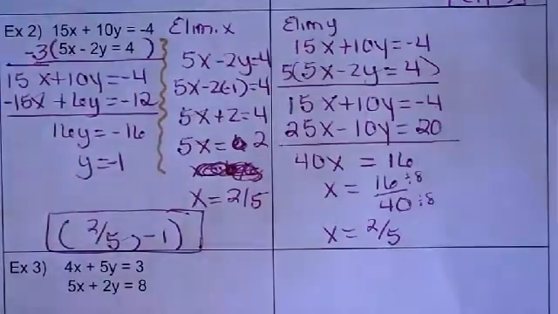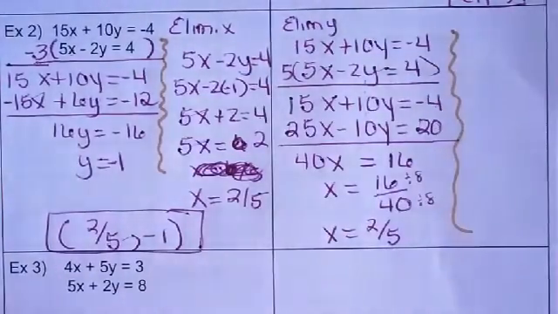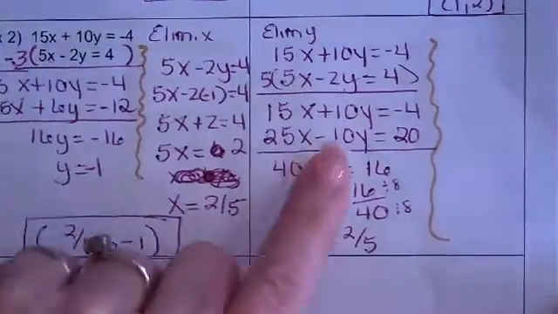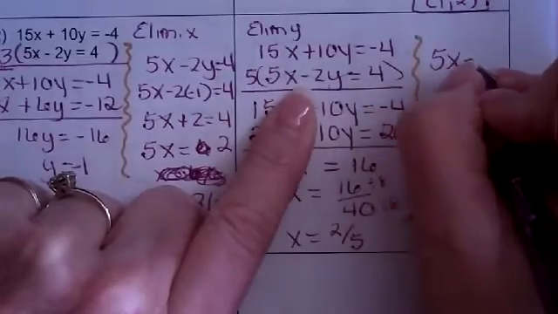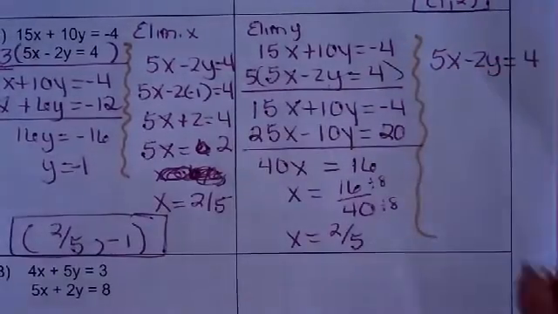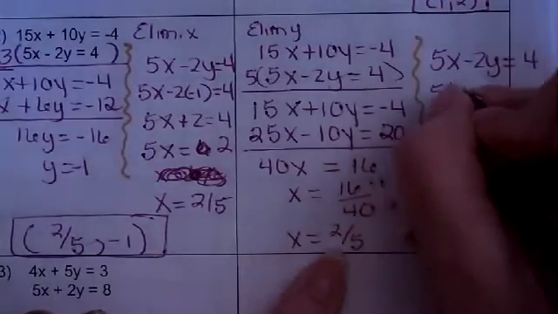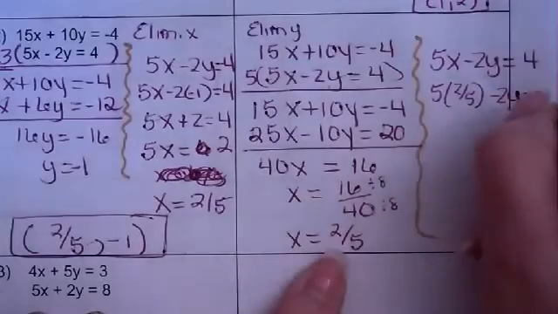Now, I want to find y. Okay, so I'm still going to stick with that second equation only because the numbers are smaller. So I'm going to start with the 5x minus 2y equal to 4. Okay, I'm going to replace x with 2/5. So 5 times 2/5 minus 2y equal to 4.